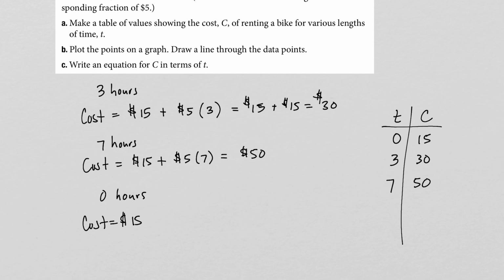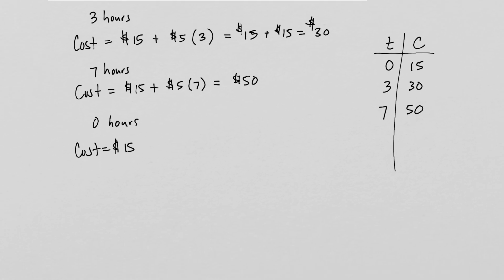Now we're going to plot the points on a graph. Okay, so for this, I'm just going to draw my own coordinate system here. And notice that I have the t-axis down here and the c-axis up here, and I'm not showing any negative values because negative numbers don't make sense for this particular example. So now let's go ahead and scale our axes here.